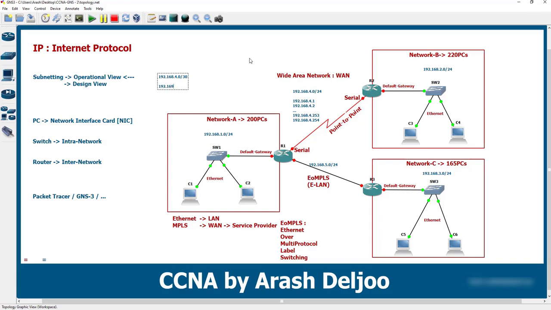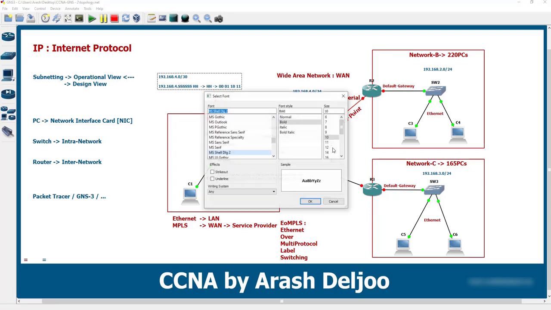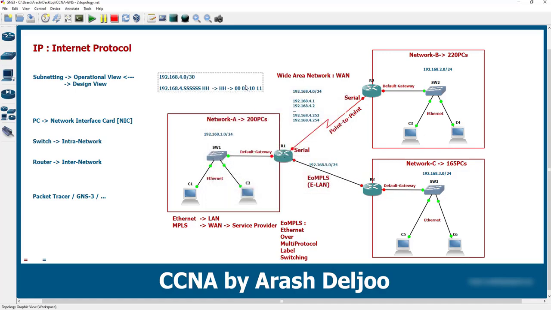This is equal to 192.168.40, then you know that these are the host bits, first the subnet bits, 6 subnet bits, and then 2 host bits, because this is /30, and /30 means we have only 2 host bits. Now, you can use these 2 host bits for the usable IP addresses that you need. For example, the host bits can be 00, 01, 10, 11, and you know that we can't use 00 because this is the network address, and also we can't use 11 because this is the broadcast address, but we can use these 2 IP addresses, 01 and 10.